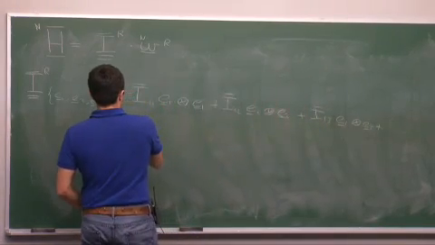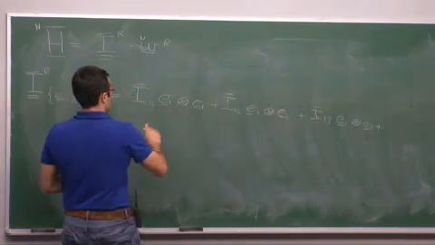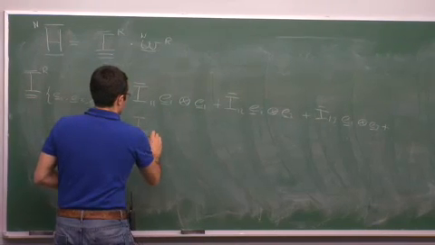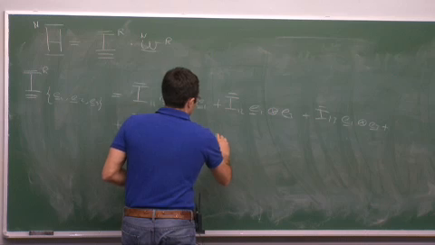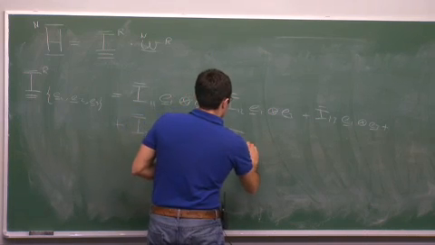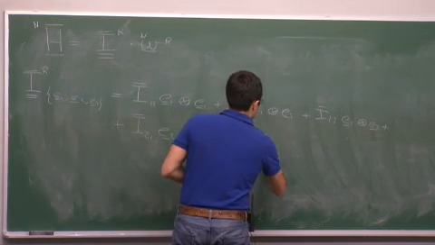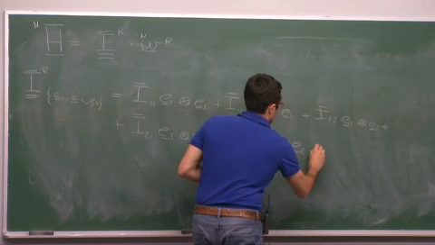And on purpose, I will put it in this order here. I21 bar E2 circle cross E1. I think you get where I'm going with this. But I want to write the whole thing.